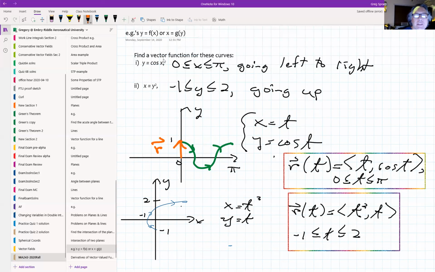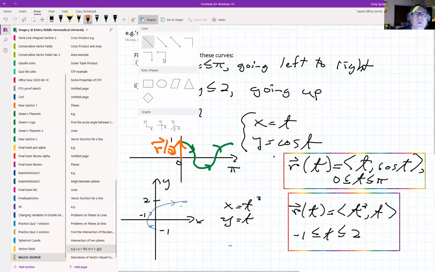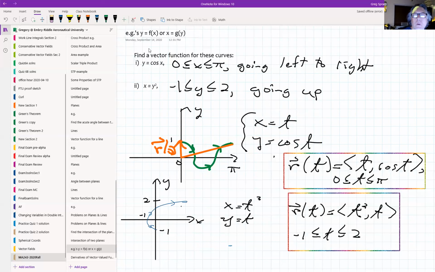So that's r of 0 right there. That's r of pi. R of pi is pi, 1. So in that example, y is a function of x.